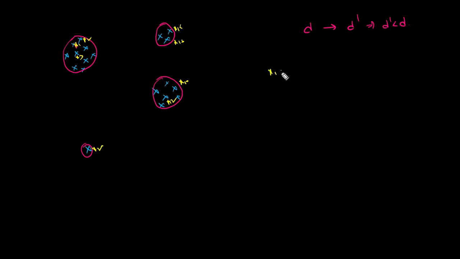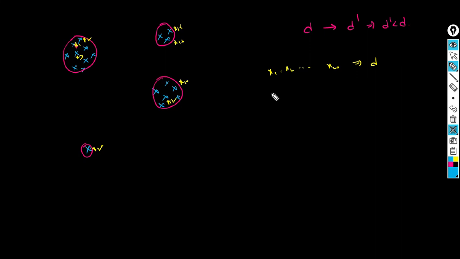We have points x1, x2, up to x20 in the d dimension. By applying t-SNE we convert these into the lower dimension: x1 dash, x2 dash, x3 dash, up to x20 dash. For every point we create a new point in the lower dimension. The dimensionality is d dash, which is less than d.